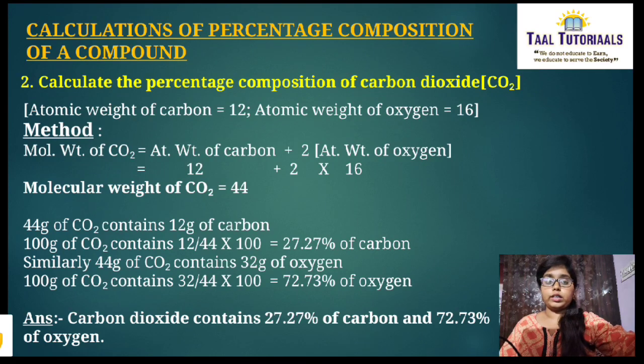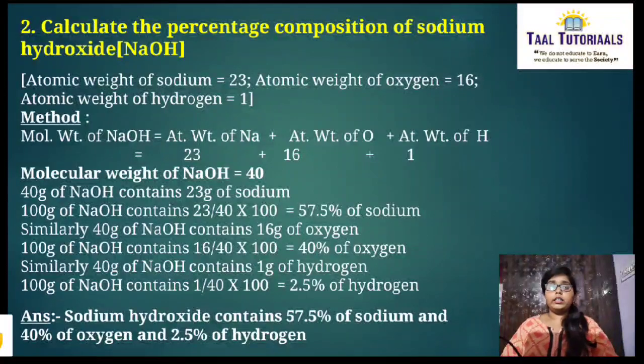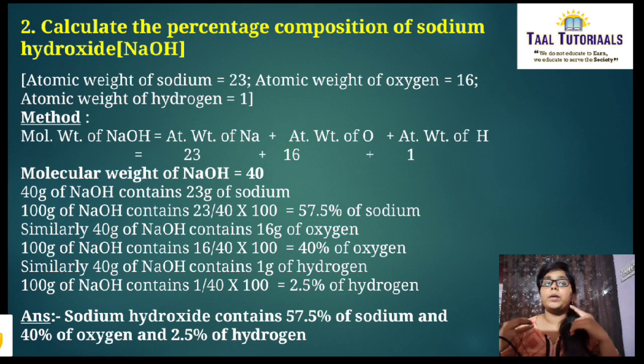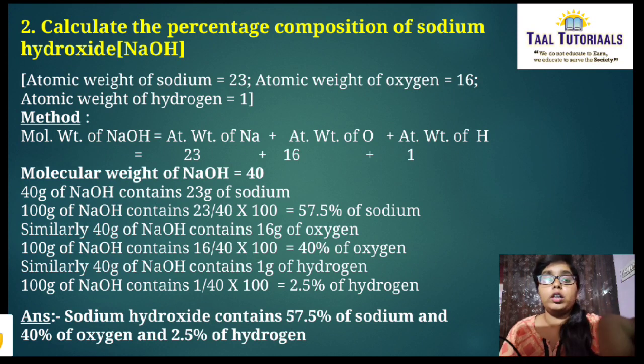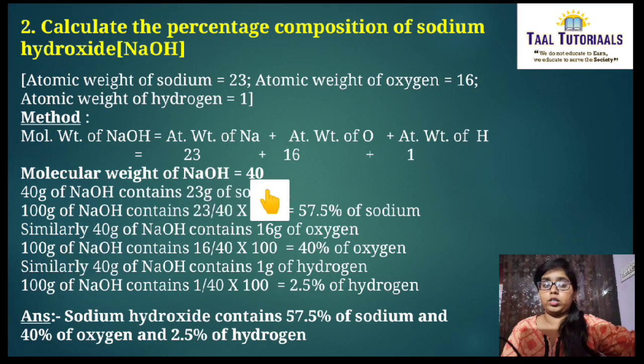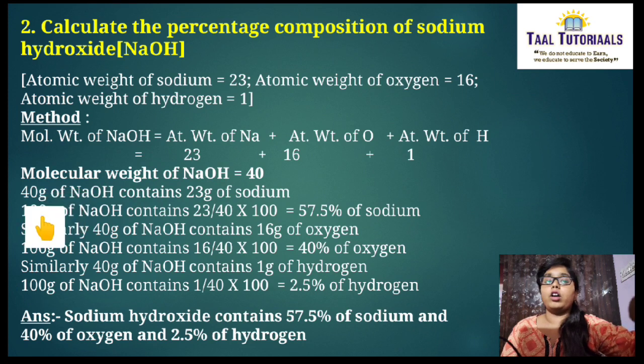Next, here is one more example. Calculate the percentage composition of sodium hydroxide. For this you have to know the atomic weights of sodium, oxygen and hydrogen, and find out the molecular weight. You just add all the atomic weights, that is sodium, hydrogen and oxygen. If you add, the molecular weight is how much? 40. So the molecular weight of NaOH is 40, and 40 gram of NaOH contains how much? 23 gram of sodium.